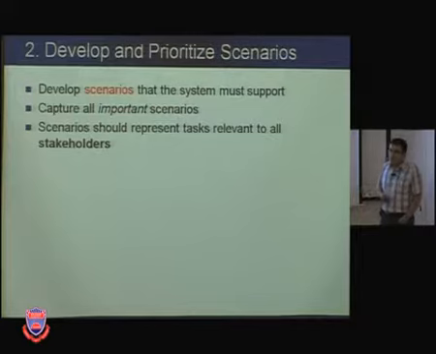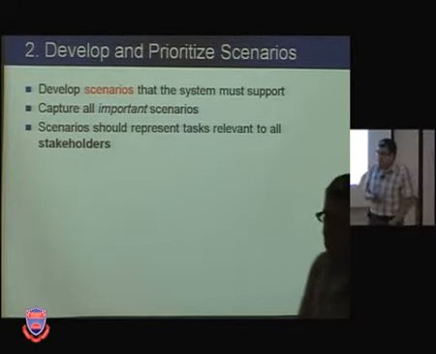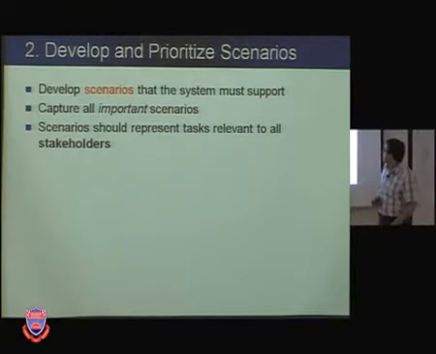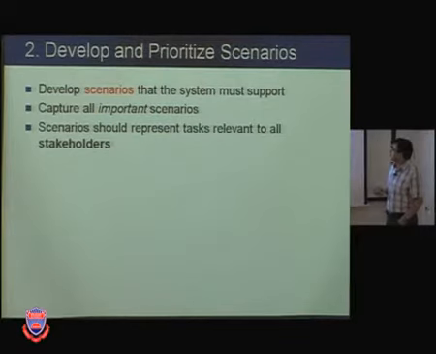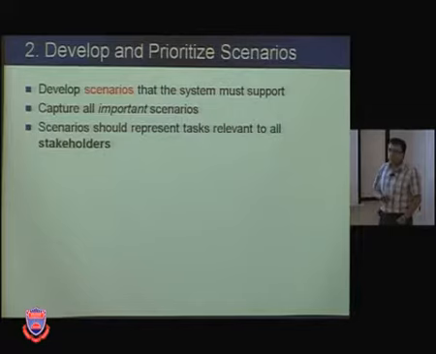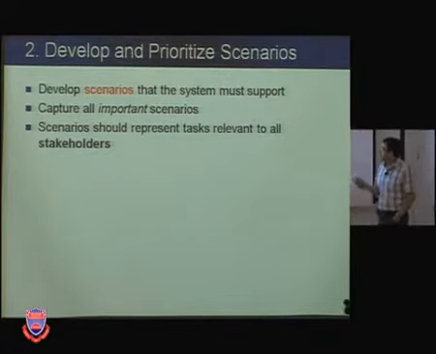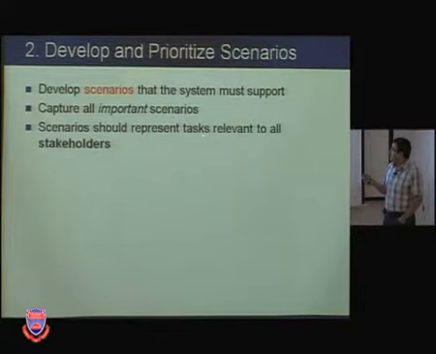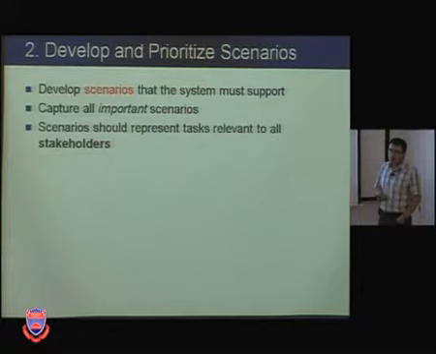Well, the second step is quite easy. Develop scenarios. Develop scenarios that the system must support. How? By actually talking to stakeholders, like as we said, holding a workshop, brainstorming. So in that case, we try to capture all important scenarios. And scenarios should represent the tasks and concerns relevant to all important stakeholders.